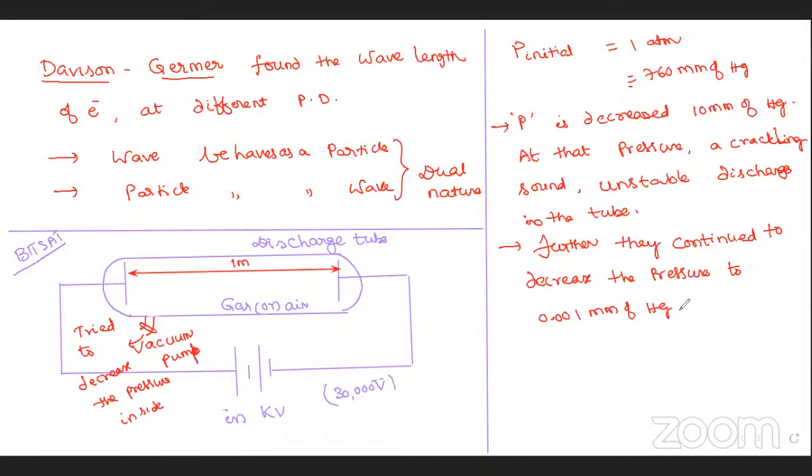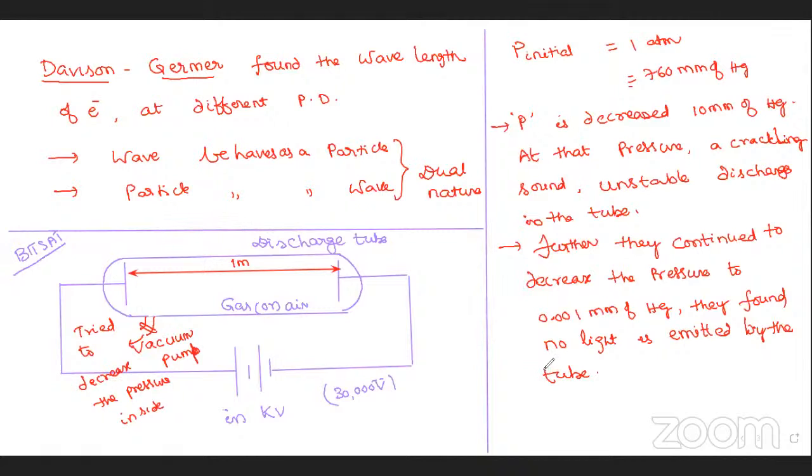Okay, at that very low pressure they found no light is emitted by the tube. I think there is no need to give any explanation for this. Do you want any explanation for this point?